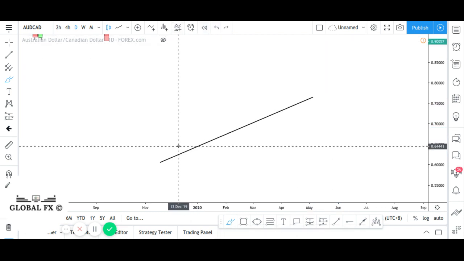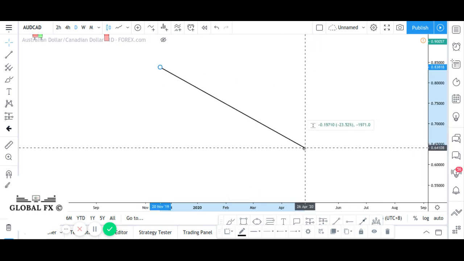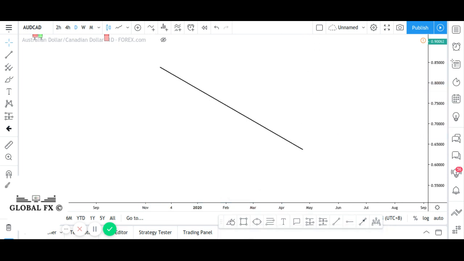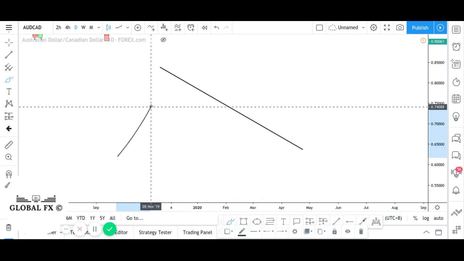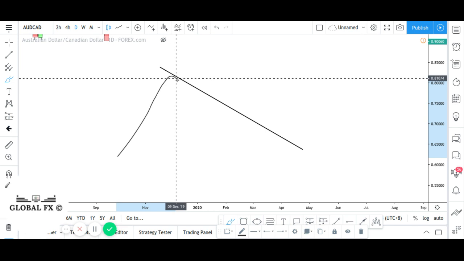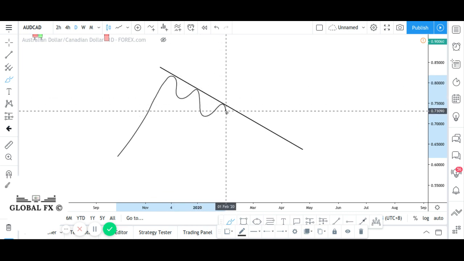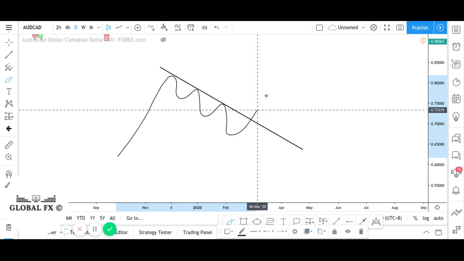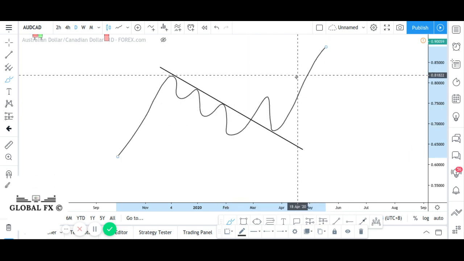Now let's have a look at a bullish move, how a bullish counter trend line works. So basically, we have an impulse to the upside, and then we have a correction to the downside, and eventually the market will break out, retest, and then continue to the upside for a bullish move. Why?